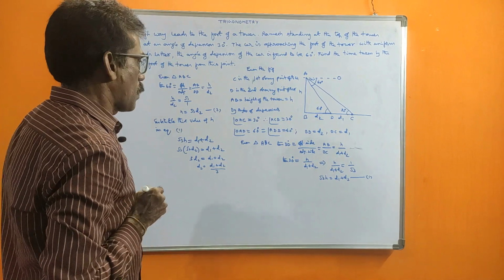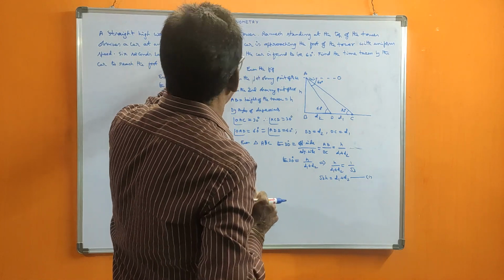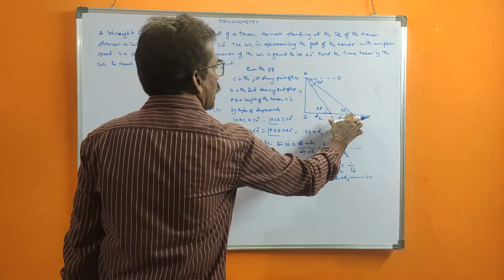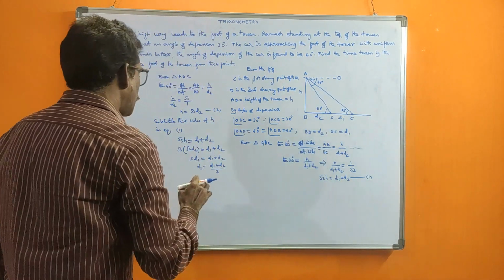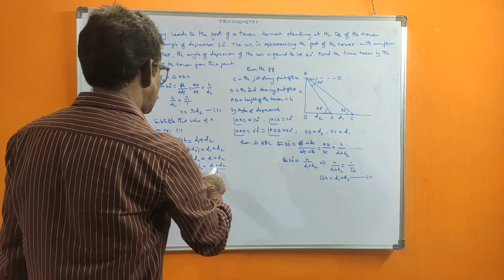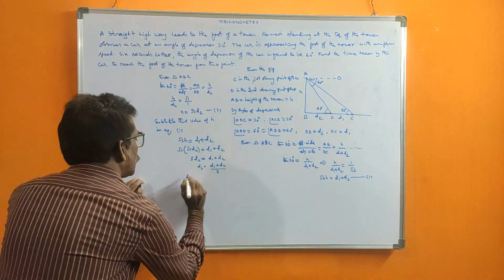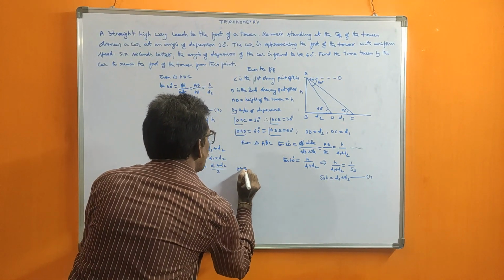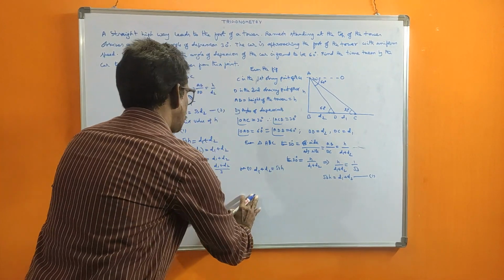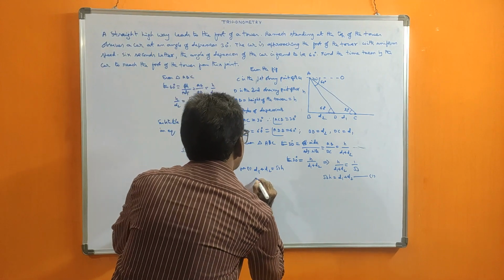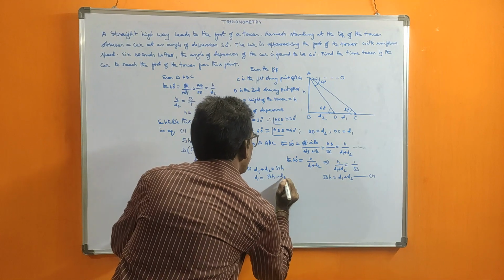Now one more thing. The 6 seconds is the time after which the car travels this distance D1. From equation 1, D1 plus D2 is equal to root 3 H, so D1 is equal to root 3 H minus D2.